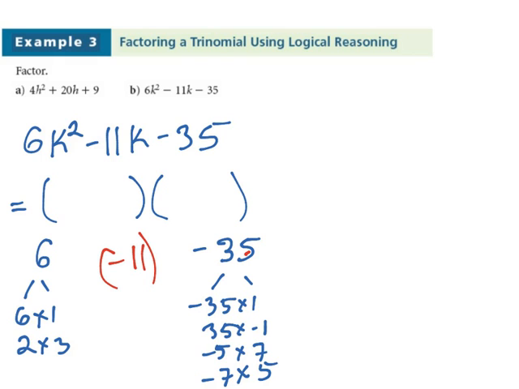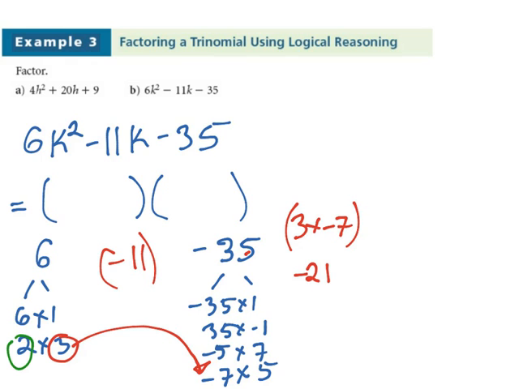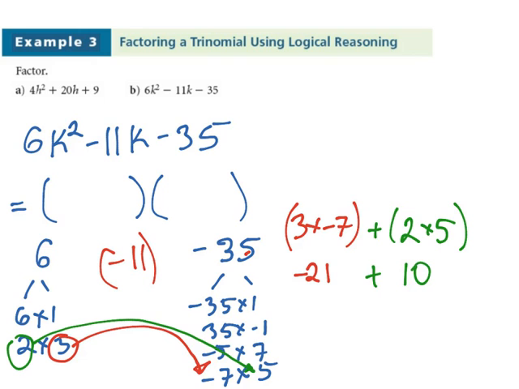So when we multiply 3 with negative 7, so 3 times negative 7, we'll get negative 21. And then when we multiply 2 with 5, so 2 times 5, we will get positive 10. And negative 21 plus 10 will give us negative 11.